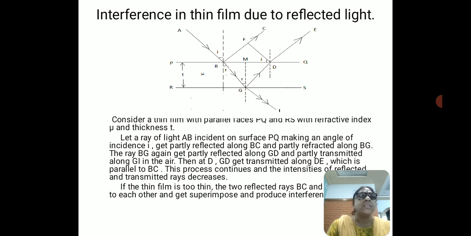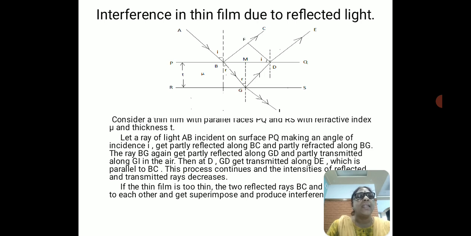This BG is incident at an angle r along the normal GM, partly gets reflected along GD, and at point D it is transmitted along DE.